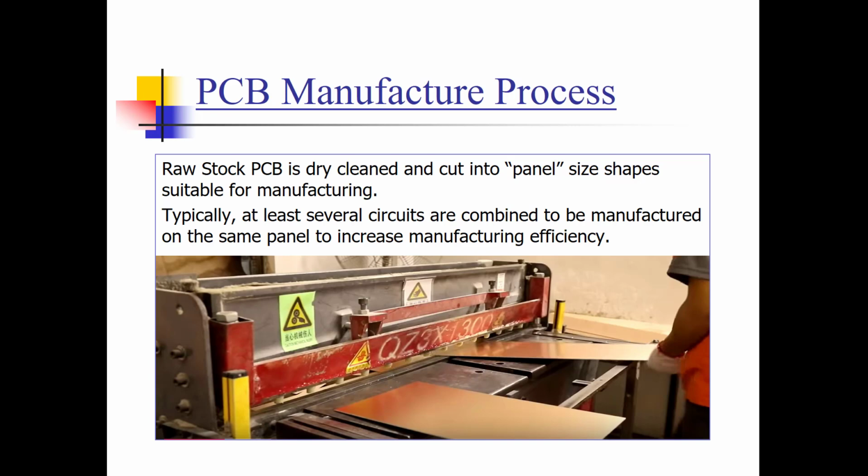My experience has been that it usually takes about 2 or 3 days after they receive your order to get your board on a panel. And of course they do this just for efficiency, right? It's more efficient to do a whole bunch of boards at once as opposed to doing each individual board by itself.